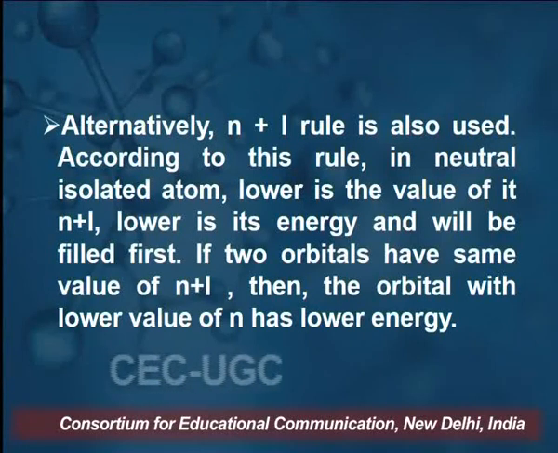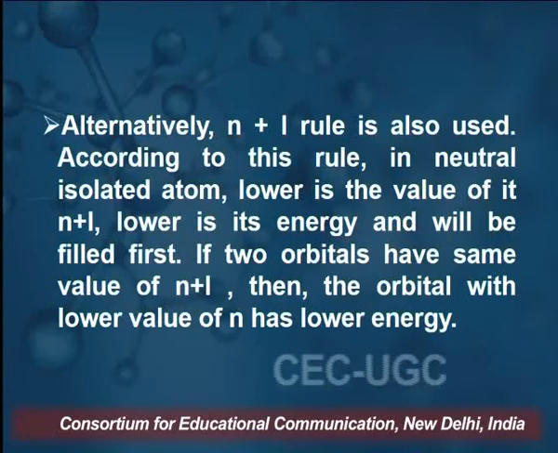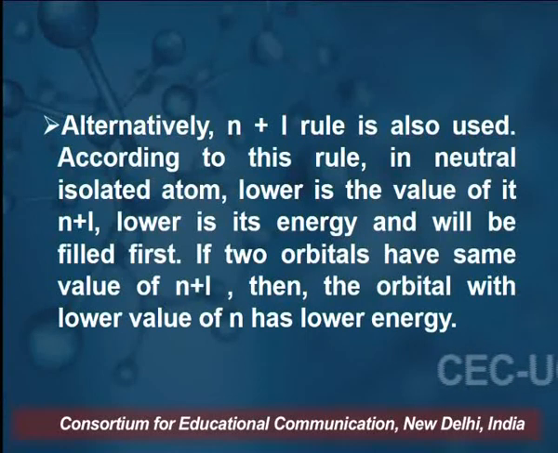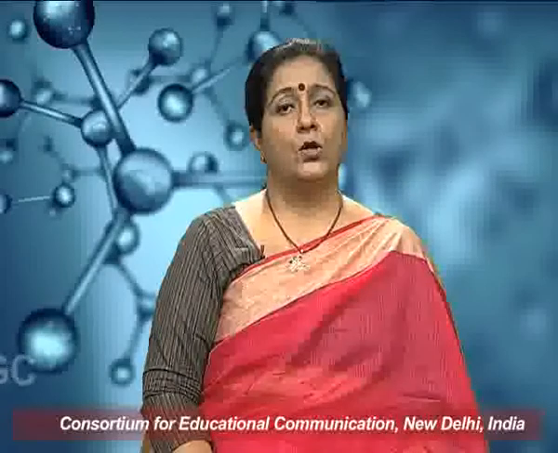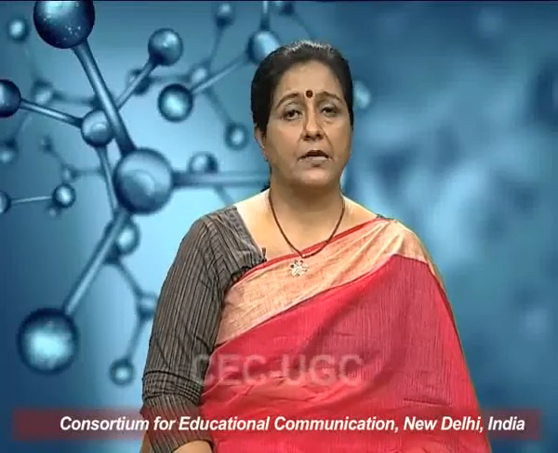According to this rule, in a neutral or isolated atom, the lower the value of n plus l, the lower will be its energy and it will be filled first. But in case two orbitals have the same value of n plus l, then the orbital with the lower value of n has lower energy.